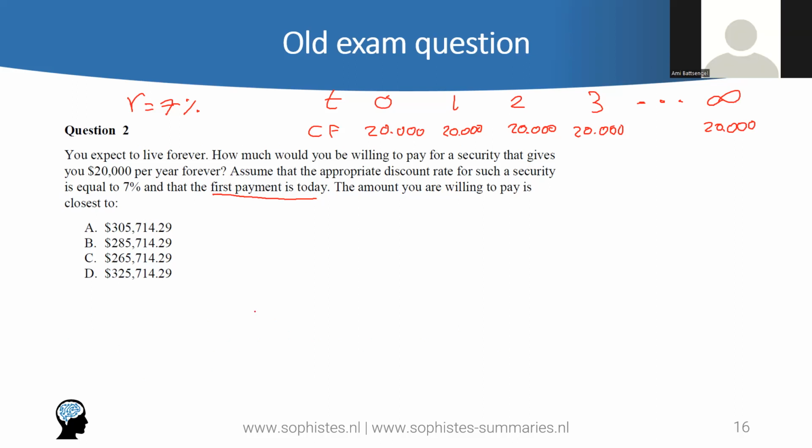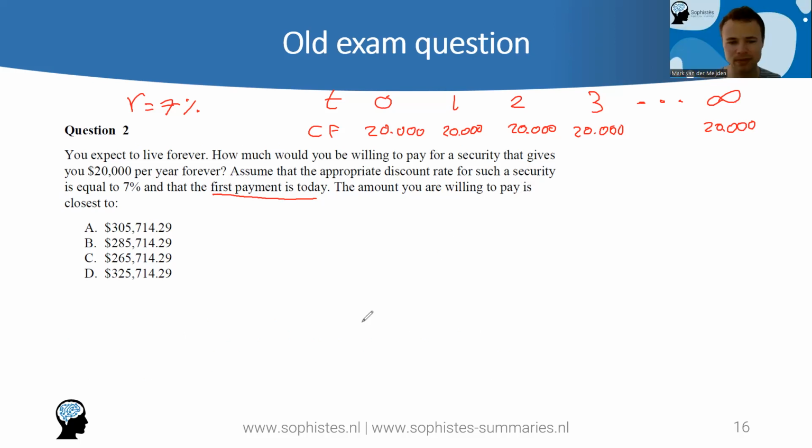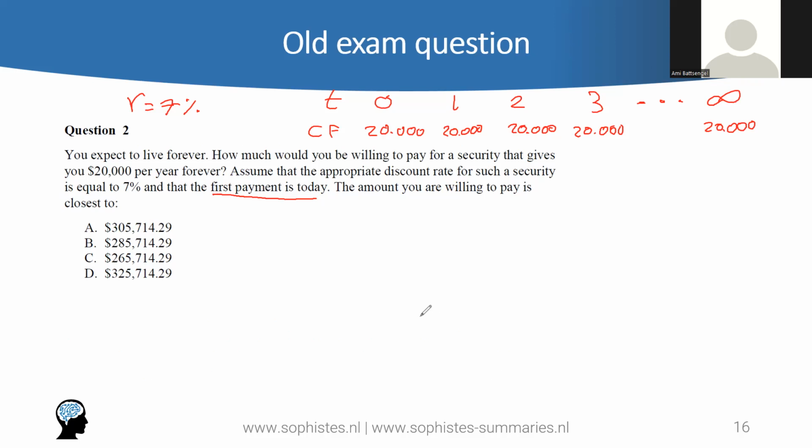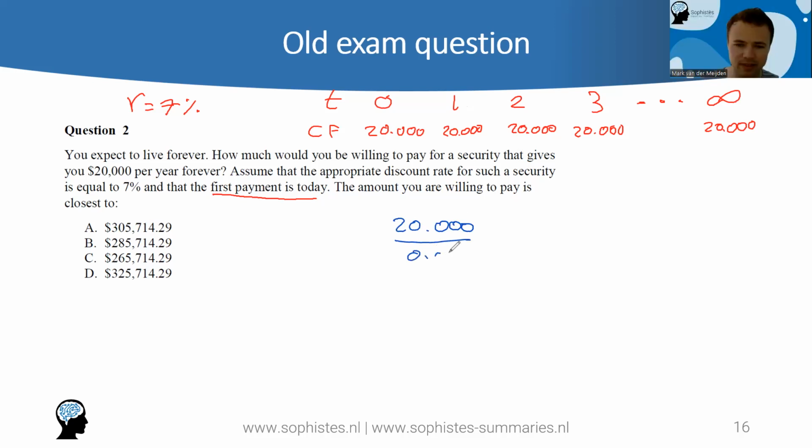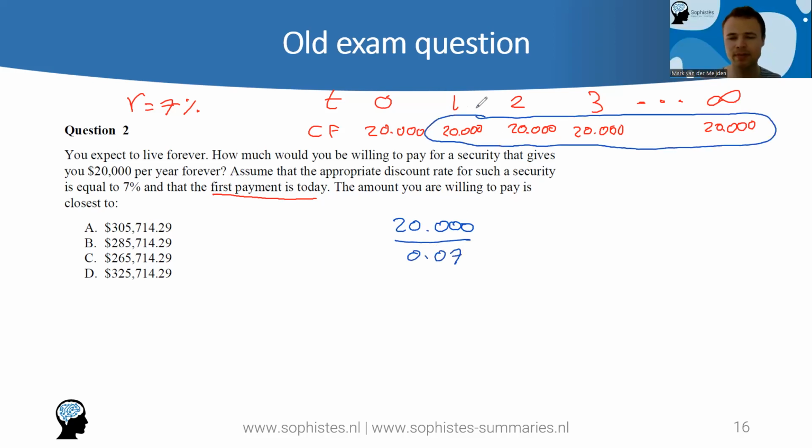Sure. Okay, what did you do? So it says live forever, so the first step is to divide 20,000 by 0.07. Yes, very good. Then you have discounted this part of the cash flows, right? Yes.